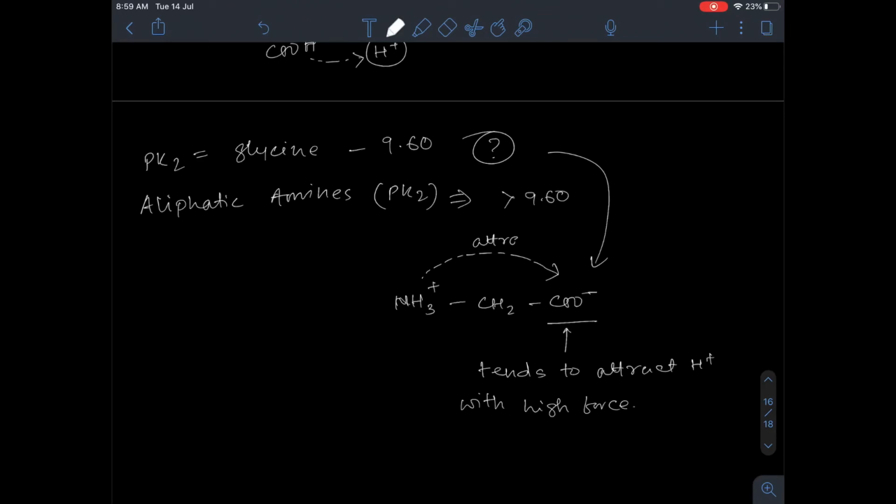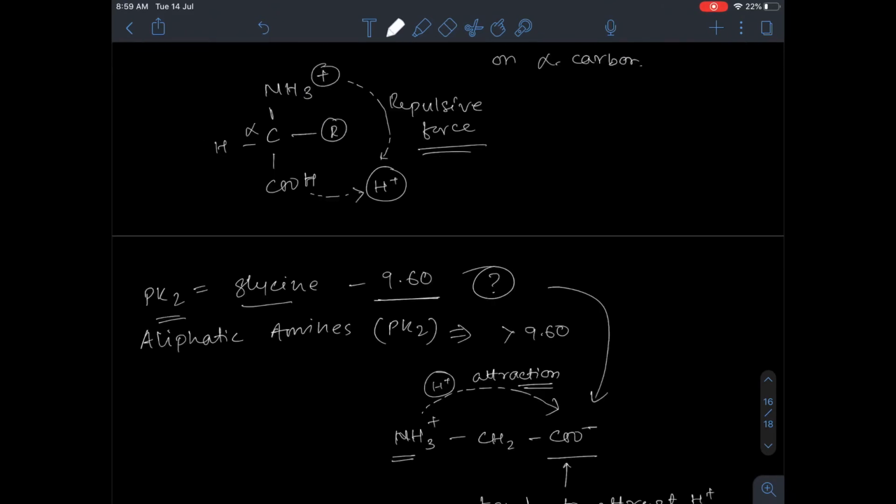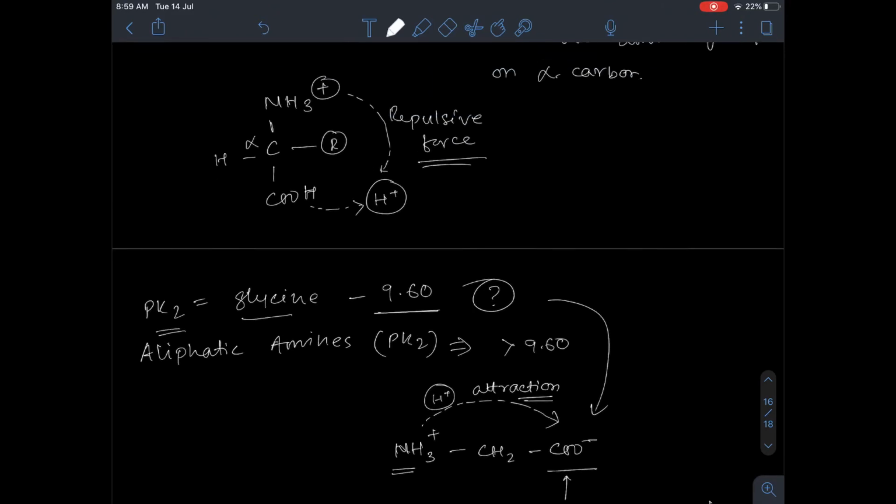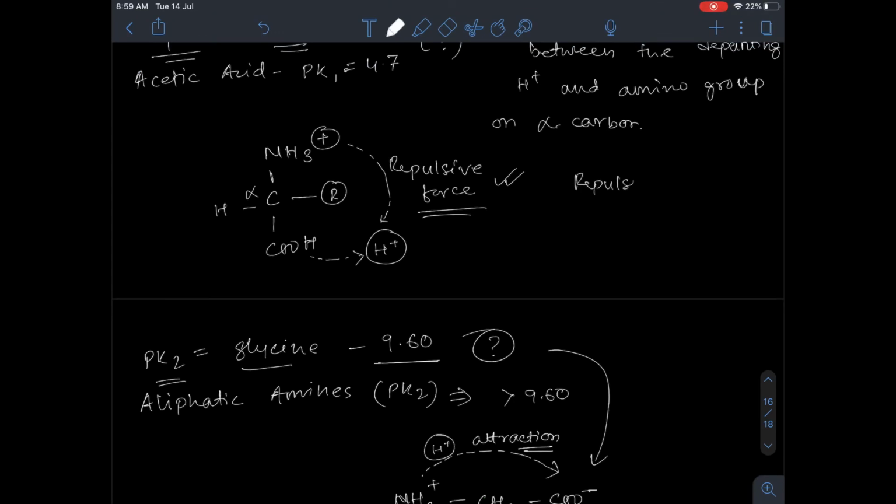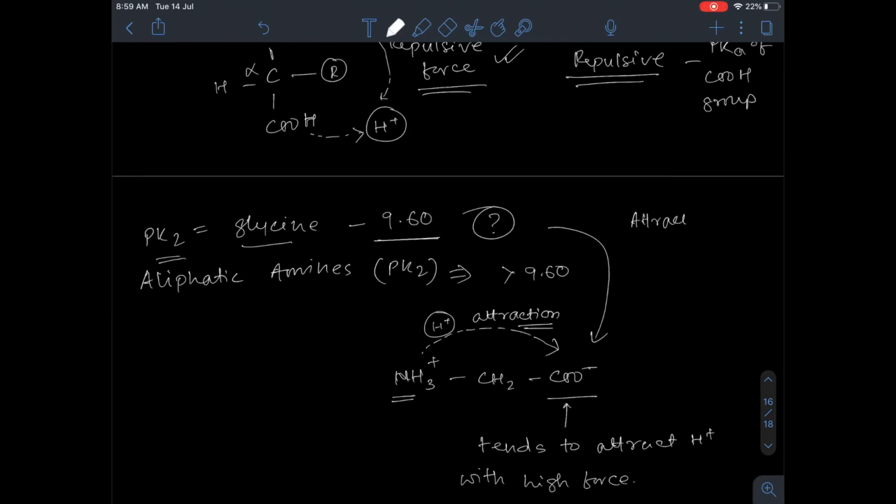So there is an attractive force, and due to this attraction, one proton from NH3+ is very easily removed, and as a result there is a low pK2 for glycine and other amino acids compared to other aliphatic amines. So the repulsive force works on the pKa of the carboxyl group, and the attractive force works on the pKa of the amino group. Okay, remember this.